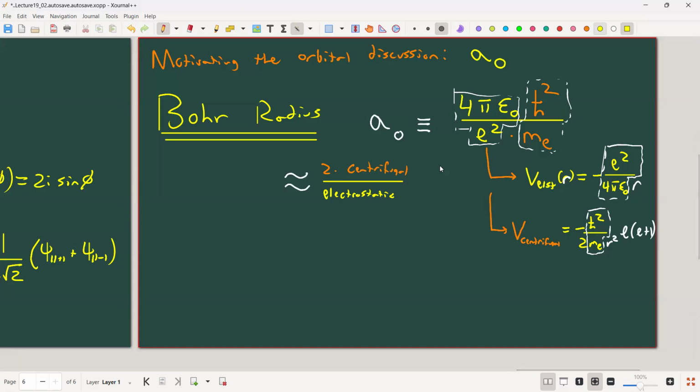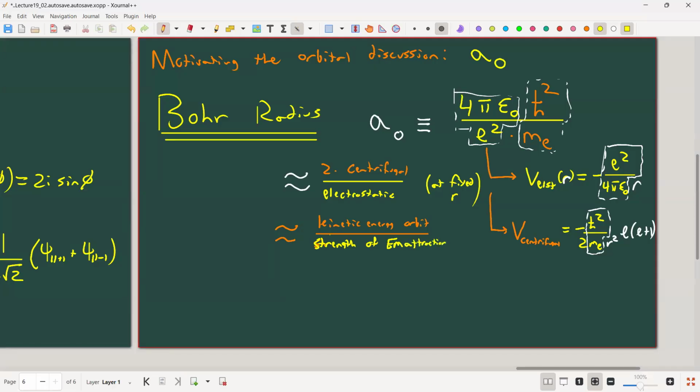At a fixed distance, getting rid of all the r's. So what we could say is that this is roughly equal to the kinetic energy of orbit divided by the strength of EM attraction. Whatever this a naught is, it's a balance.